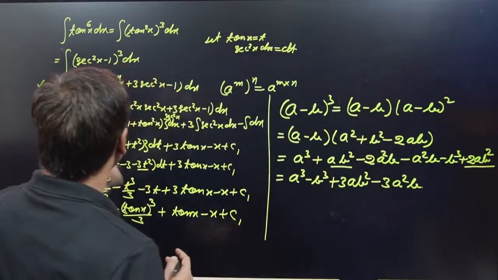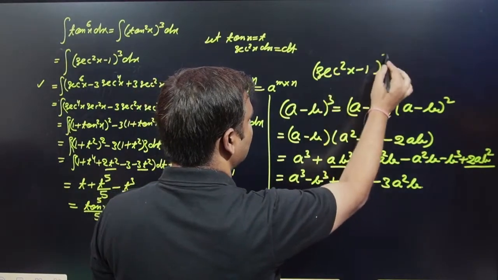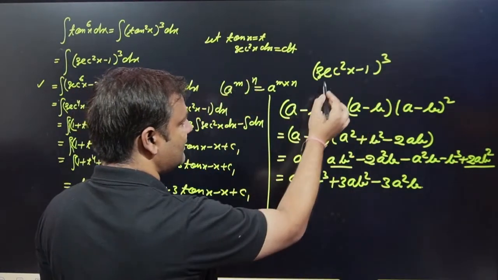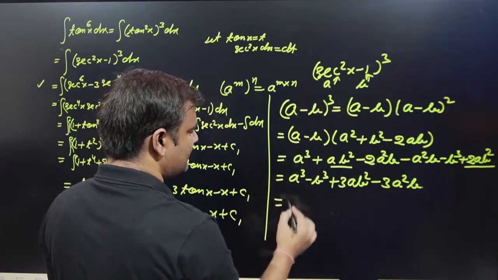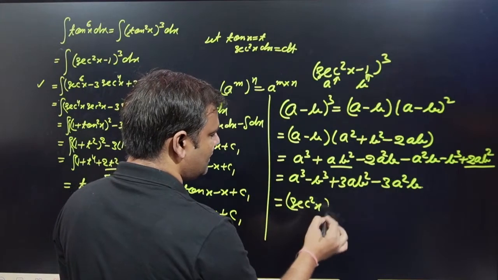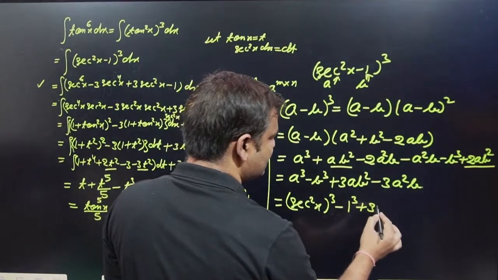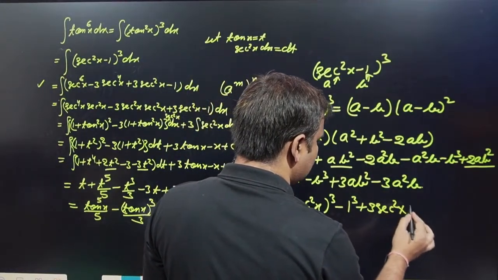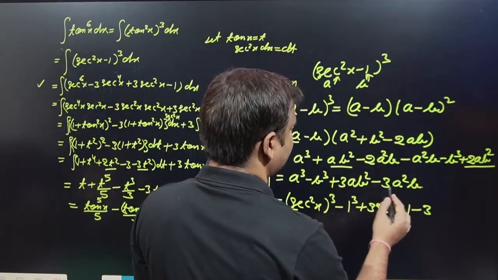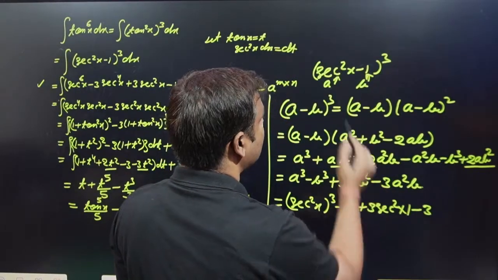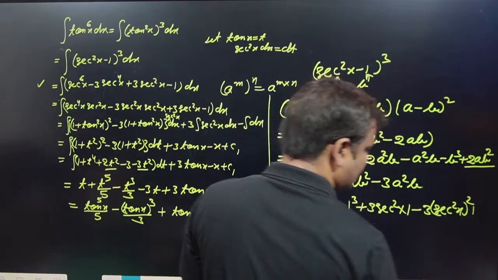Okay, how can you use this concept here? Here sec square x minus 1 to the whole cube. So simply a is replaced by this one and b is replaced by this one. So a cube means sec square x to the whole cube, minus 1 to the whole cube, plus 3 times sec square x into 1, minus 3 sec square x to the whole square into 1.